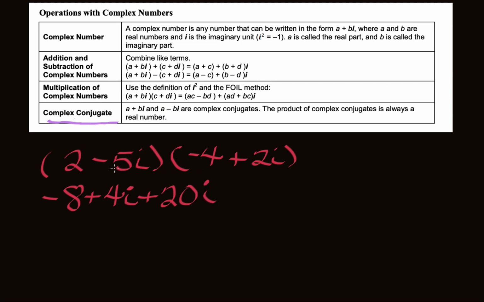So we're almost done. -5i times positive 2i is -10. Here's the kicker. i times i is i squared. And don't forget, remember, we said that i squared is -1.